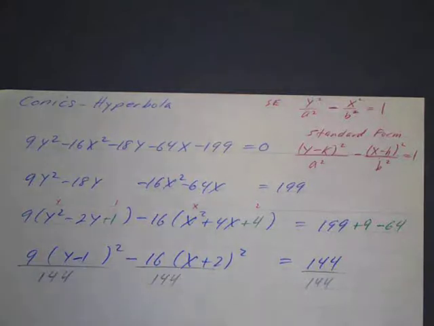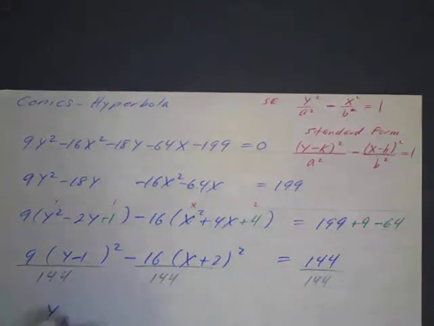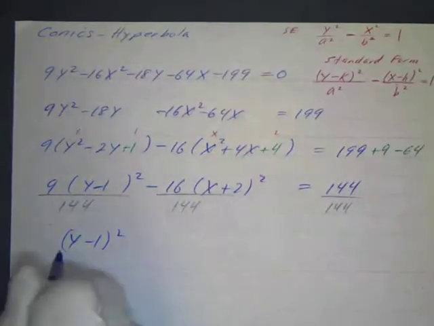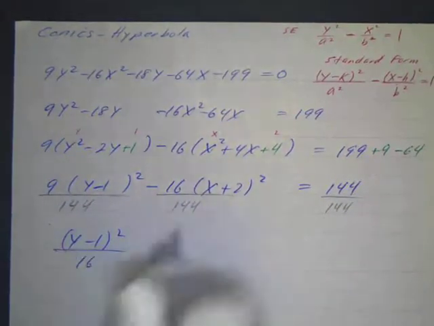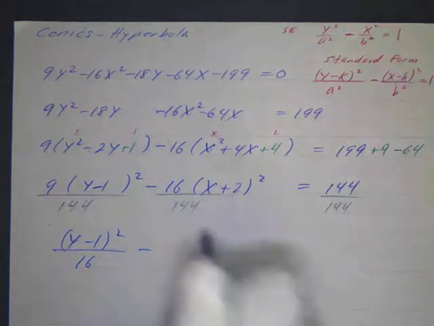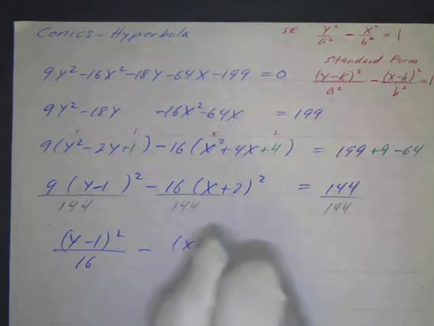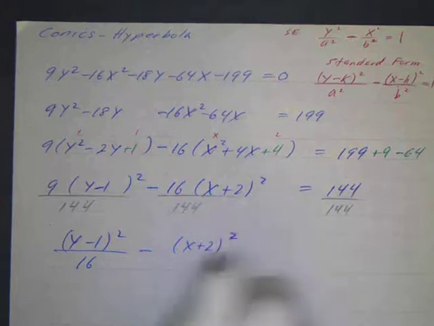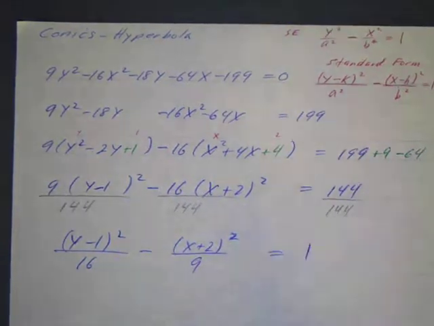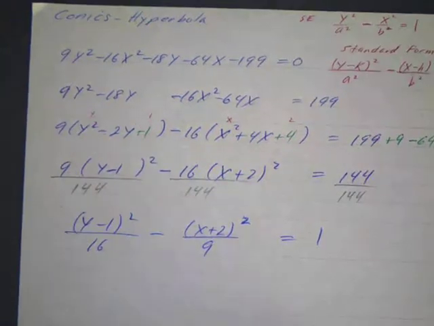And 9 goes into 144 16 times, so I've got y minus 1 squared over 16. 16 goes into 144 9 times, so I've got x plus 2 squared over 9, and that equals 1. So now I've got it in standard or graphing friendly form, so I can look at my center.